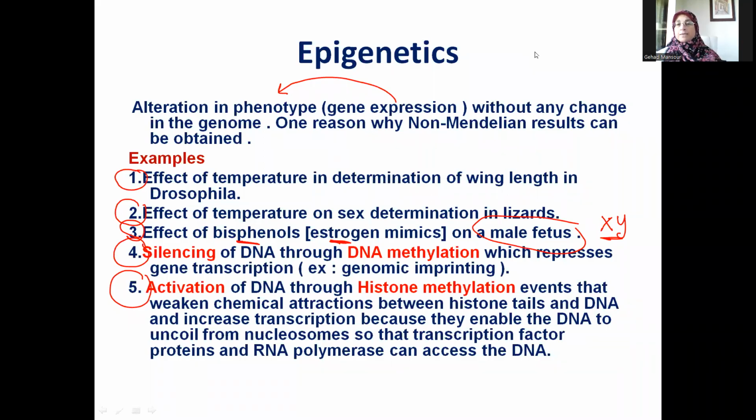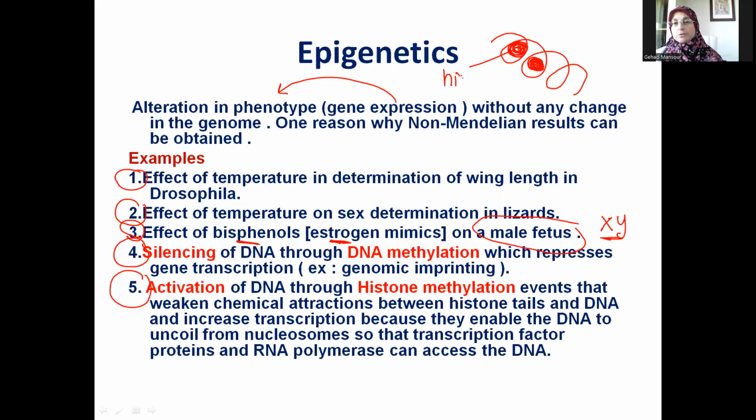In number 5, activation of DNA is through methylation of histone. Methylation of histone, as you remember, DNA is wound around or is coiled around histones and non-histones. So here you have the histones and you have DNA that is coiled around.